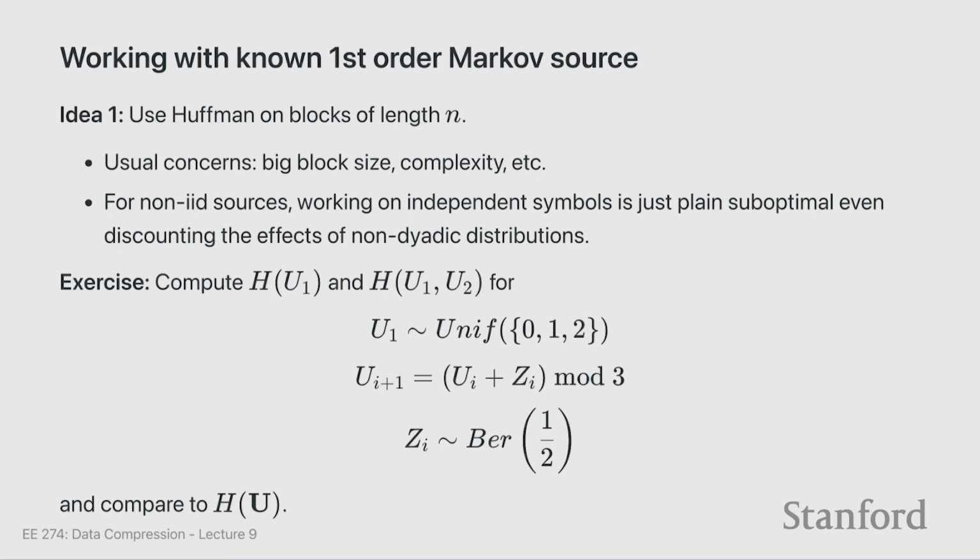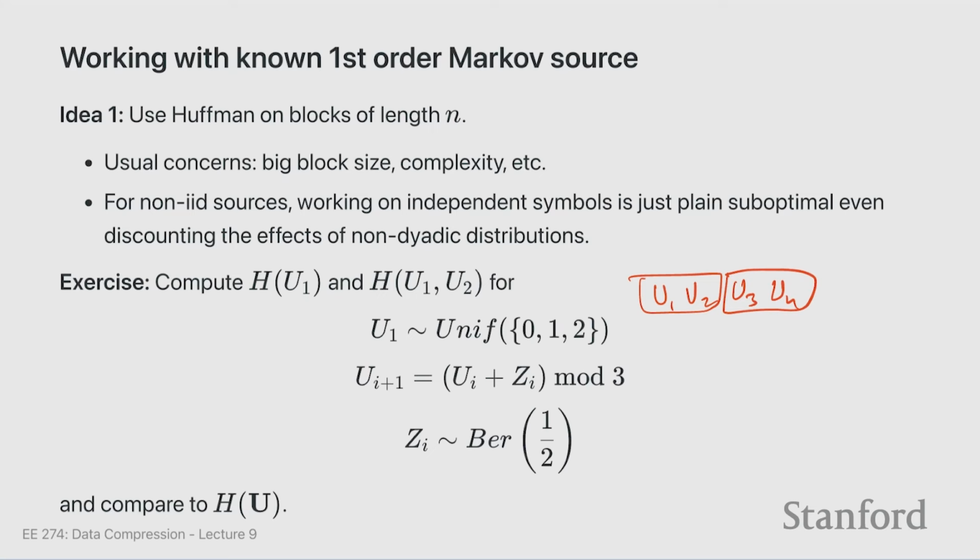And there is another issue, which hopefully you can understand. When you had your usual IID symbols, U1, U2, U3, U4, and let's say you were coding in blocks, you took U1 and U2 together, you took U3 and U4 together. This was suboptimal because the Huffman code is only optimal for a dyadic source, right?